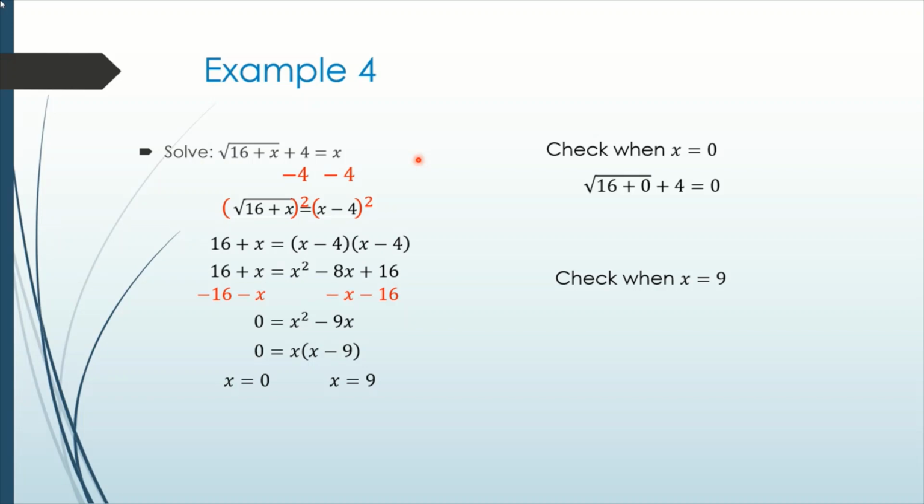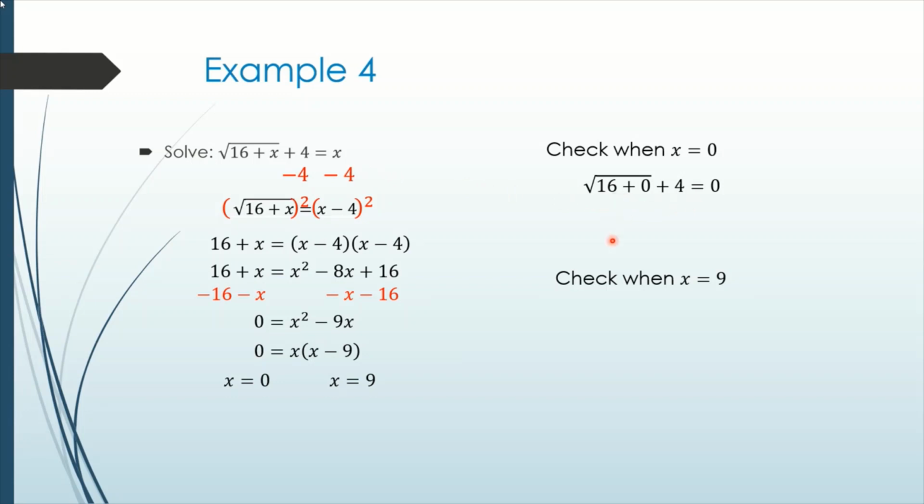But I'm going to plug it in and show you. Wherever there's an x, plug in 0. And like I said in the previous problem, it's best to plug it into the original, so that's what I'm doing.